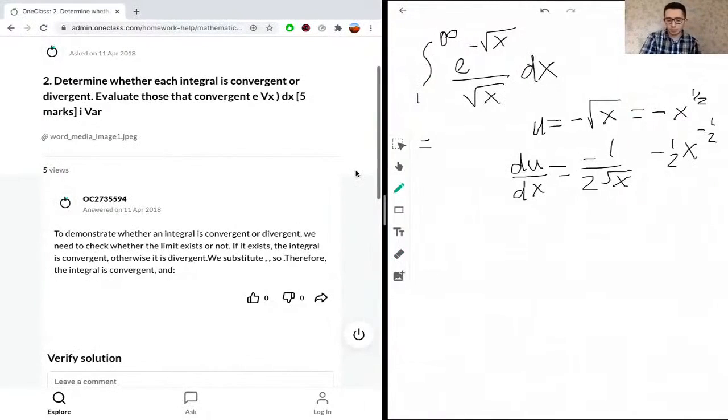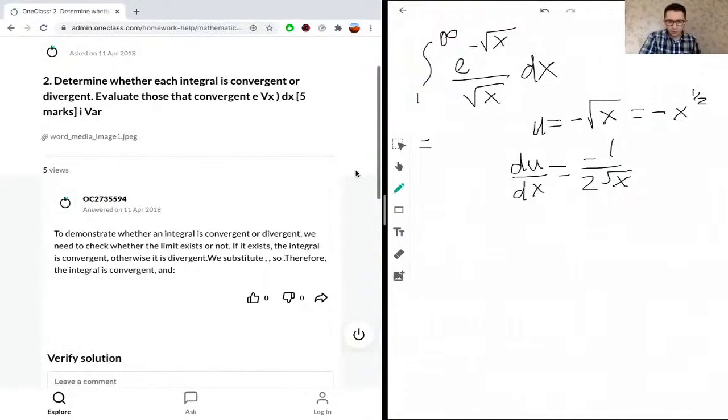When there's a negative sign in the exponent, we can put the variable at the bottom, and that's what we've done over here.